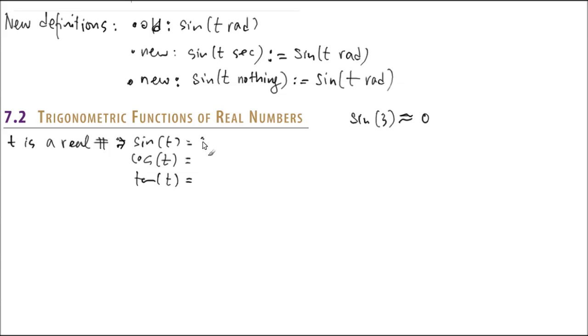This means sine t, what? T radian. Now, the right-hand side makes perfect sense. You know what that means, right? Sine t radian. And here, cosine t radian. And this is tangent t radian. Does that make sense? All right. So this is new notation given to the functions of real numbers.